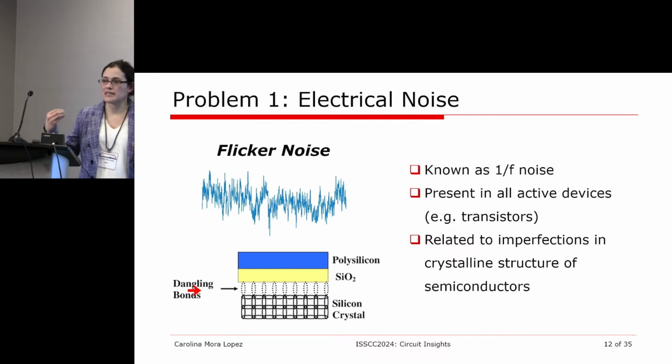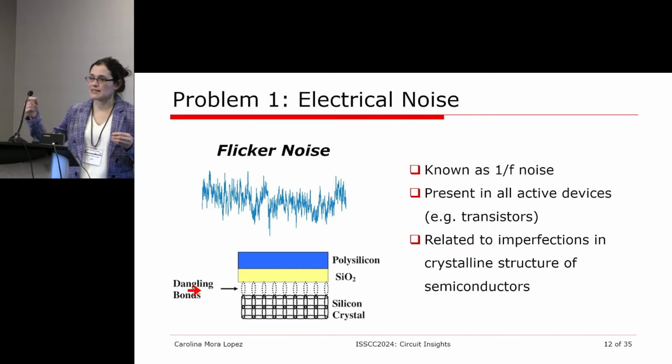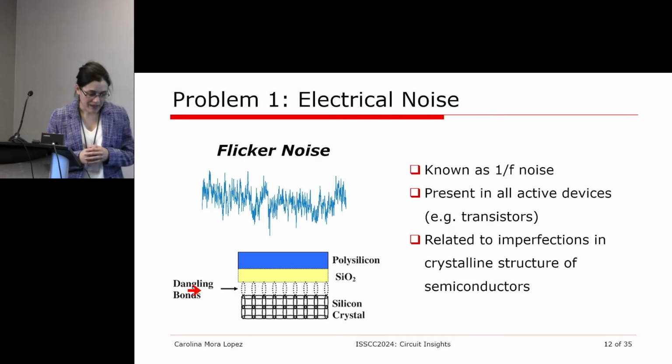Certain foundry technologies are optimized for low noise, achieving a better perfection of this structure, so this noise always needs to be characterized for a specific technology. Although there are other sources of electrical noise, for biomedical applications thermal noise and flicker noise are the most important ones, so I will talk about these in the rest of the presentation.